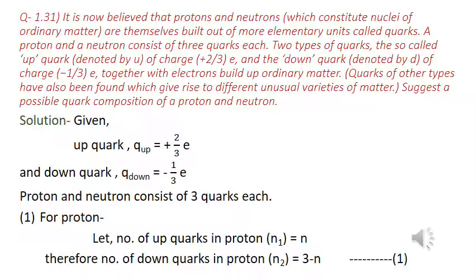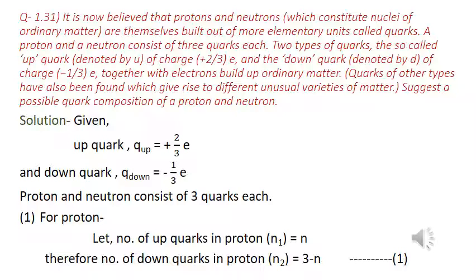It is asking for the possible quark composition of a proton and a neutron, and it is also given that 3 quarks build up a proton and a neutron, not more than 3. So we have to find out the number of up quarks and down quarks to compose a proton and a neutron.